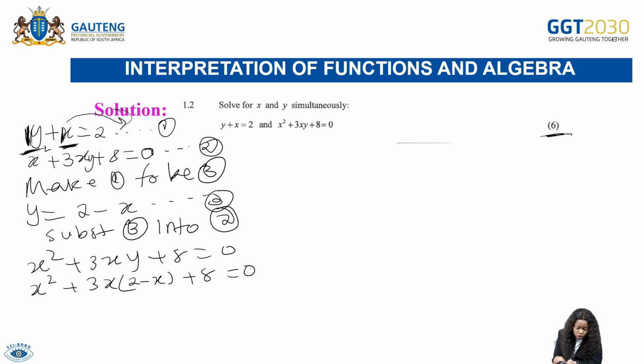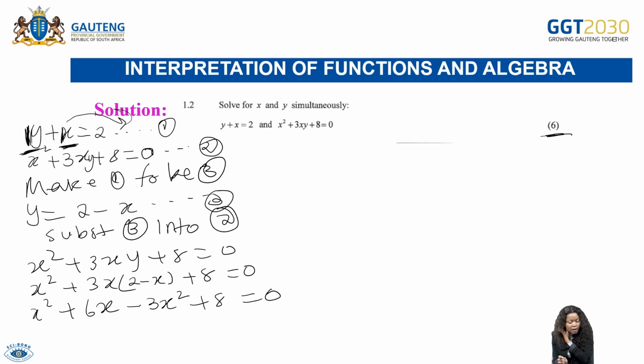Okay, let's continue. So it is x squared plus 3x times 2, you'll get 6x. And 3x times negative x, you'll get negative 3x squared. Then plus 8 equals 0. So from here, I need to add the like terms.